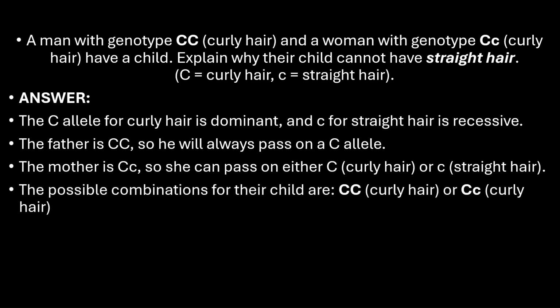The possible combinations for the child are here. The child will either carry two dominant alleles, making it homozygous dominant, or the child can be heterozygous. In both cases, the hair will be curly.